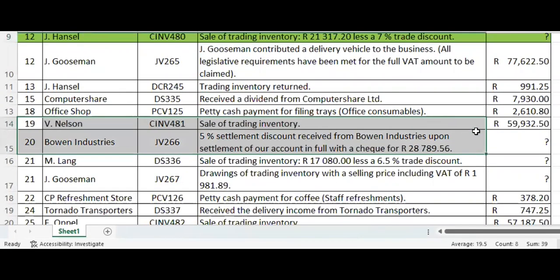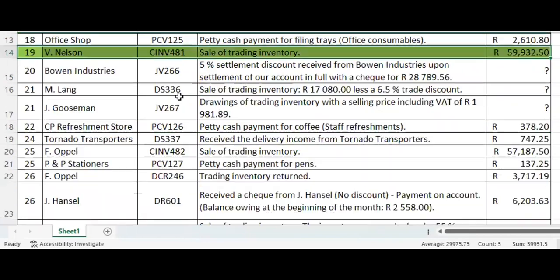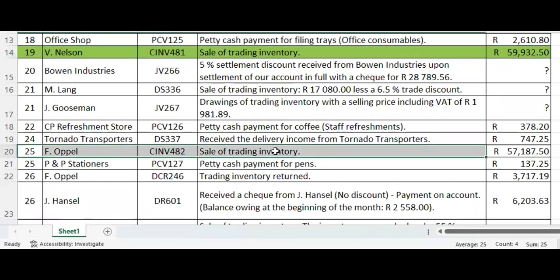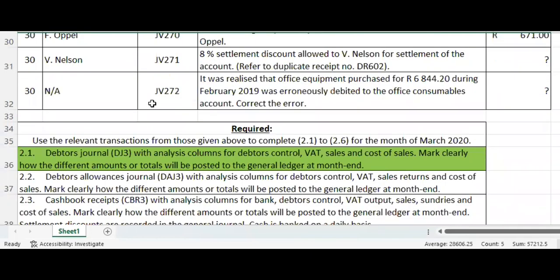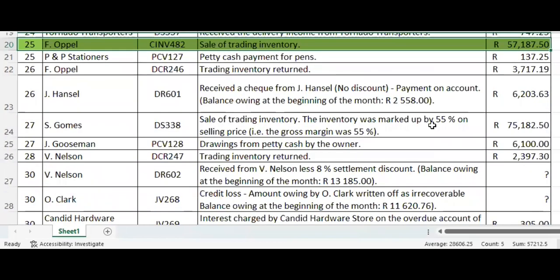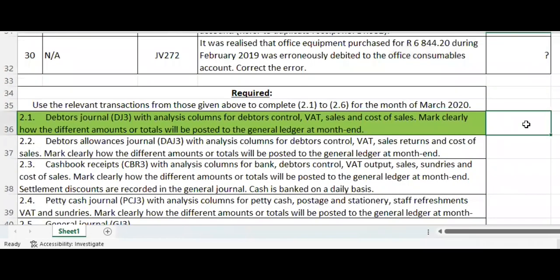Here's the next one, CINV 481. And here's the last one, CINV 482. Then you can stop. You'll see that's the only one. So what do we know now? I know that I am looking for 4 transactions in my debtors journal. So it doesn't matter if they give me 10 or 20 lines, that's besides the point. I know that there's going to be 4 entries in my debtors journal.